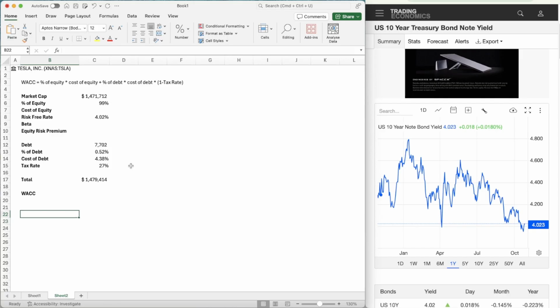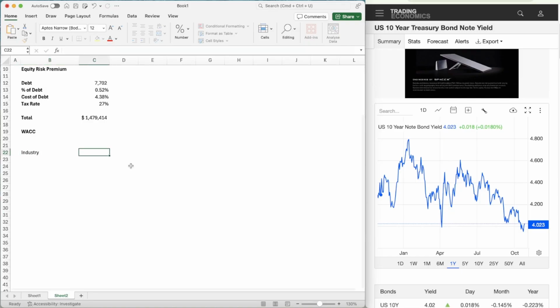So for the beta, we need to know the industries that Tesla operates in, the unlevered beta for those industries, the revenues for those industries. Then we want the EV to sales, then the value of each of those revenue segments. We need to know the proportion, then we can get our weighted beta.